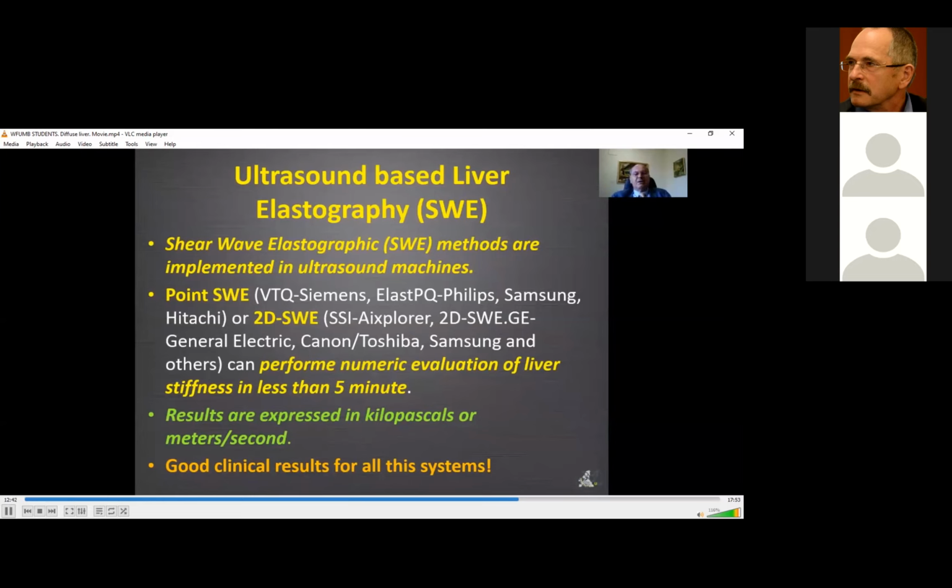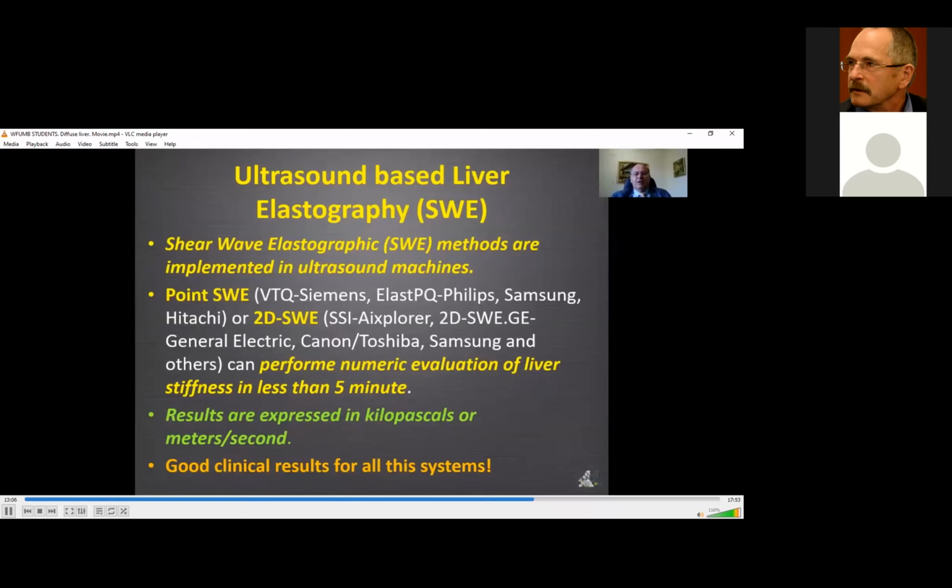First is transient elastography, which is not in an ultrasound machine. And the second is shear elastography. These are very good methods because in a very short time, less than 5 minutes, we can explore and have confident results looking at the stiffness of the liver.